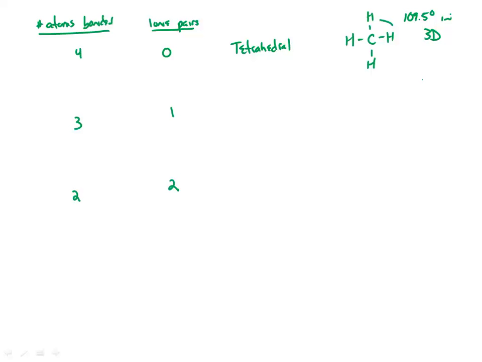The best you can usually come up with is if you make something that looks like this, where you kind of exaggerate the bond angles, and then try to imagine one of them projecting back into the paper and one of them projecting out of the paper. There's a lot of ways to draw it. I'm not going to be picky about it. If you draw it with 90-degree bond angles, and then when you're asked what is the real bond angle, you say 109.5, we're golden. So 109.5.